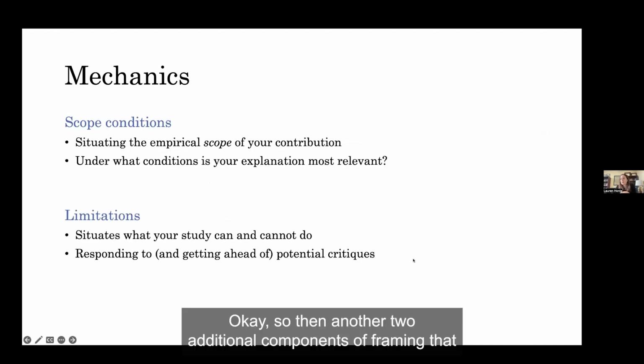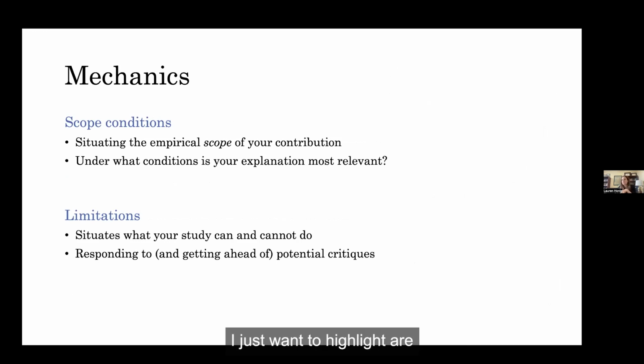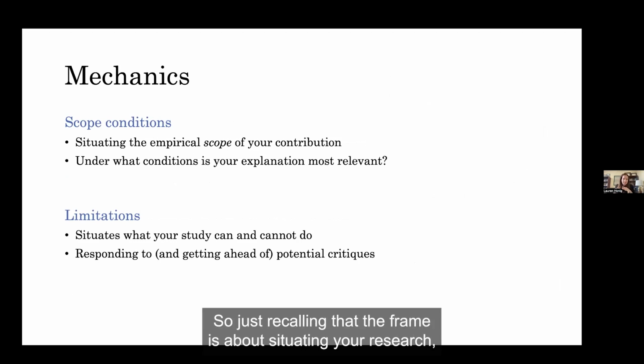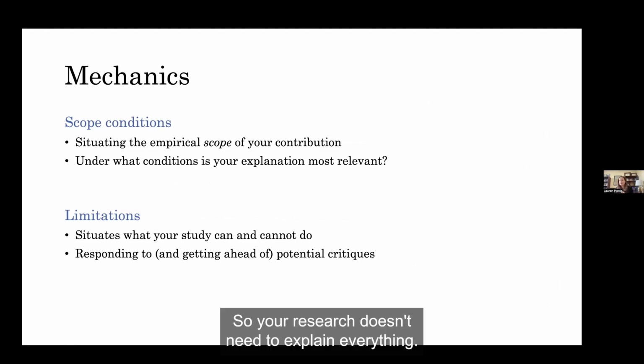Okay, so then two additional components of framing that I just want to highlight are scope conditions and discussions of limitations. So just recalling that the frame is about situating your research. You're guiding the reader to understand how this research is fitting in and building on our existing knowledge base. So your research doesn't need to explain everything.